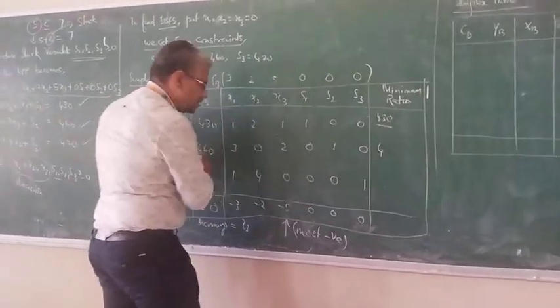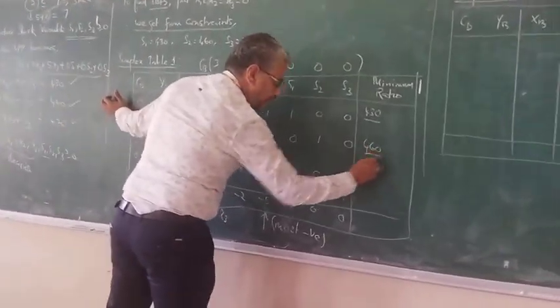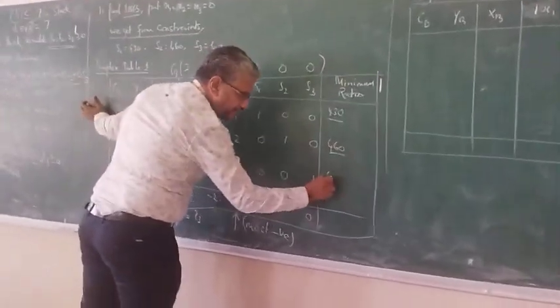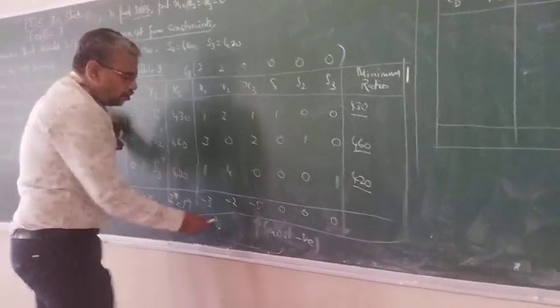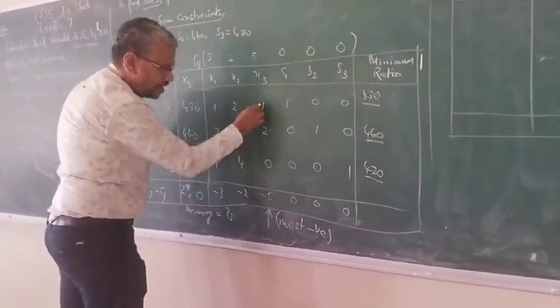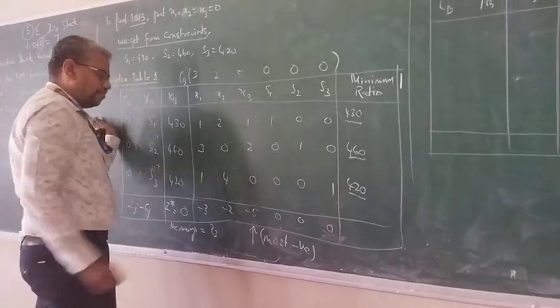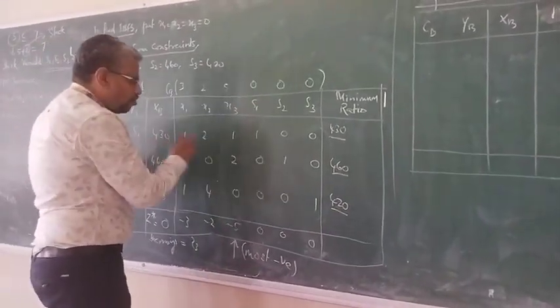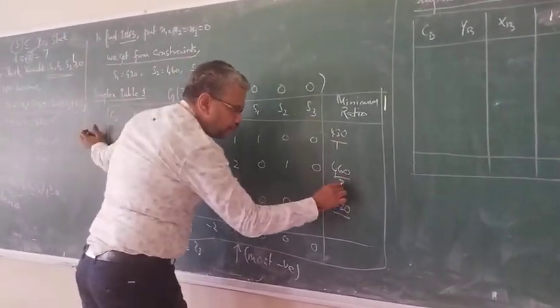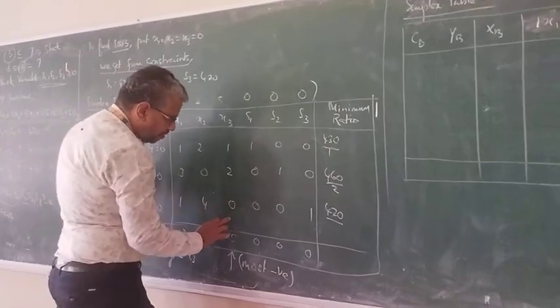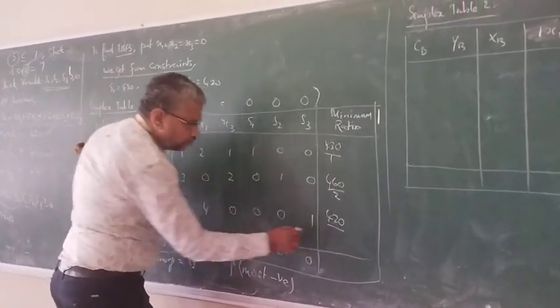Similarly 460, 420, divide by, okay, by which number? Incoming column number, corresponding incoming column number. So which means 430 divided by 1, 460 divided by 2, 420 divided by 0.